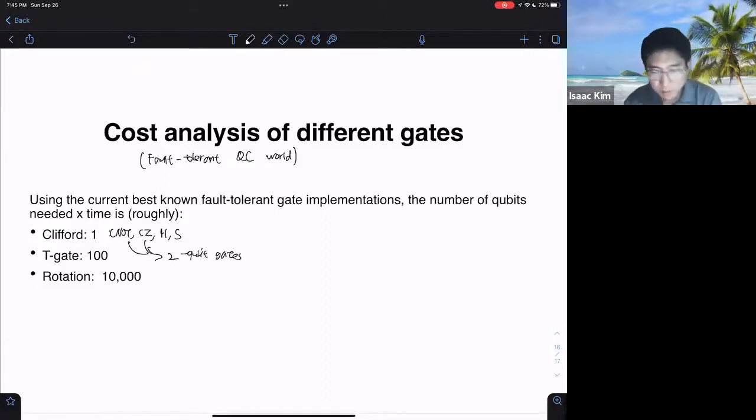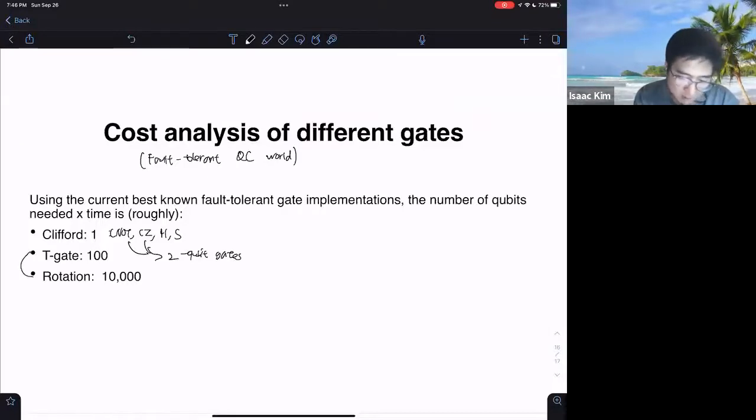And in the experiments right now, the 2-qubit gates are the harder gates to implement. Single-qubit gates are extremely good. People can sometimes achieve an error rate of 10 to the minus 5, which is amazing. But the 2-qubit gates are slower and more error prone. So those are the harder ones to implement.